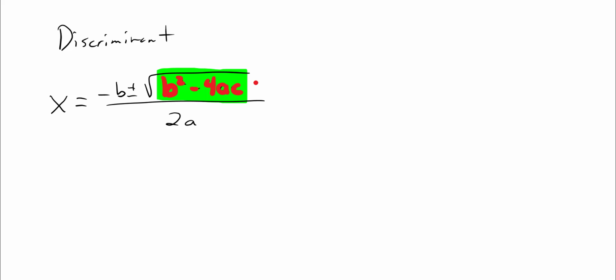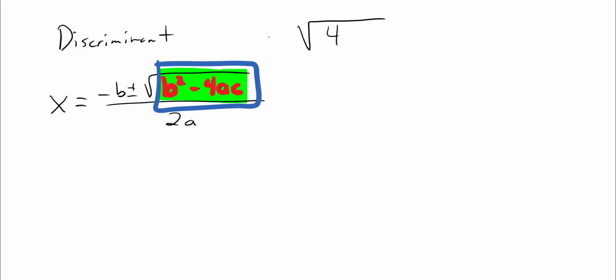Let's think logically a little bit. You definitely need to write down b squared minus 4ac. That is what the discriminant is. So think about it. Let's say the number under the square root is 4.